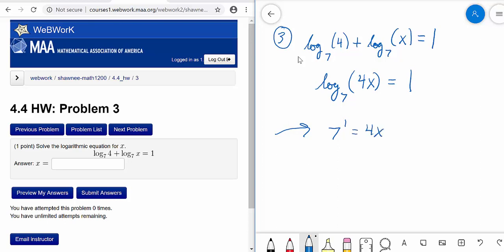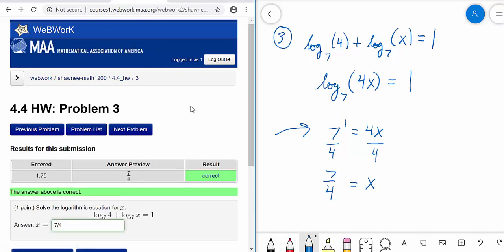So these two equations are the same. The logarithmic equation is converted to this exponential equation. And so this is just a one-step linear equation. 7 equals 4x, divide both sides by 4, and we get x equals 7/4. So I enter 7 over 4 for x, and we get the correct answer.